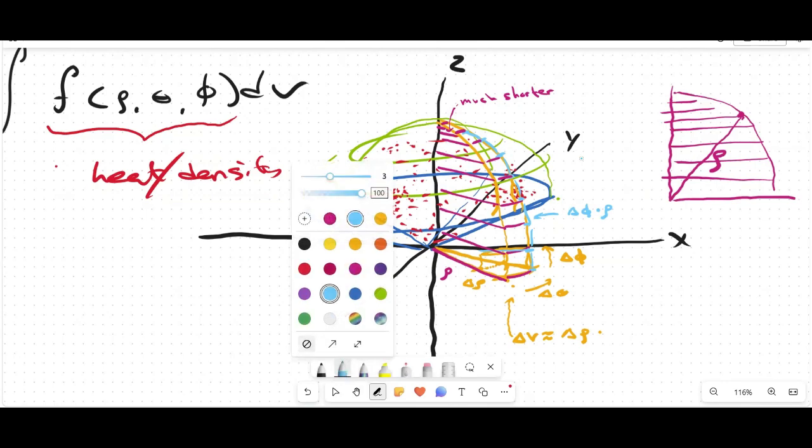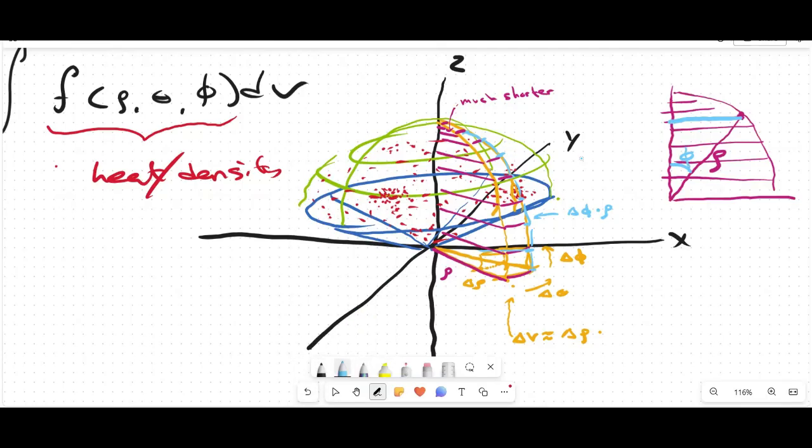But the length that we're seeing appear here, in terms of this angle, this is phi here, is not rho. What is it? Opposite over sine. That length there is rho sine phi.